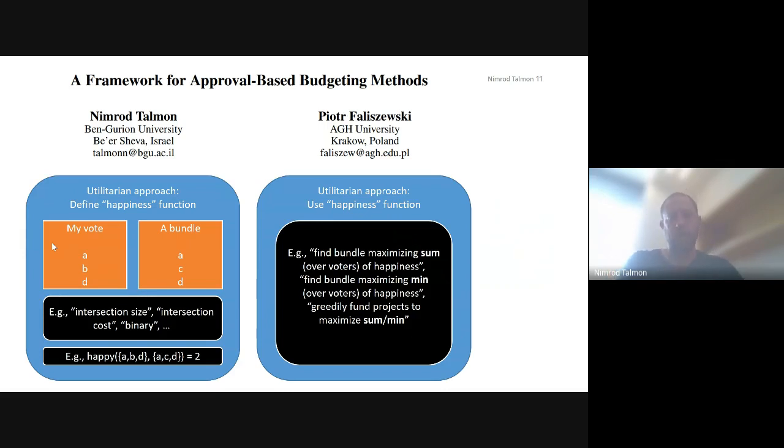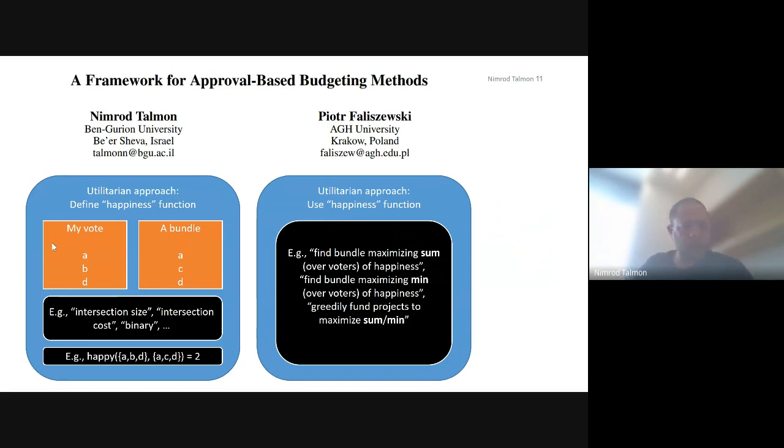Basically, we defined a good algorithm to be an algorithm that finds a bundle, which is a set of projects that respects the budget limit, and that maximizes the total satisfaction of the society, where total satisfaction means the sum of satisfaction of all voters from this bundle.